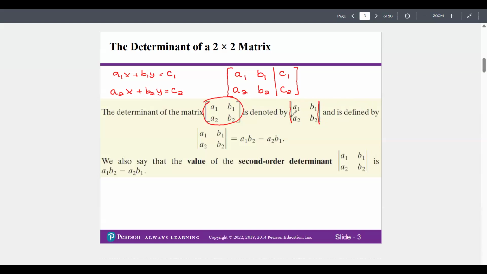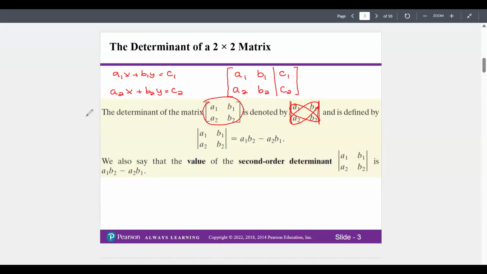It's defined by: we multiply a1 and b2, and we multiply a2 and b1, and then we take the difference between those two products. We also say that the value of the second order determinant a1, b1, a2, b2 is just a1 b2 minus a2 b1.